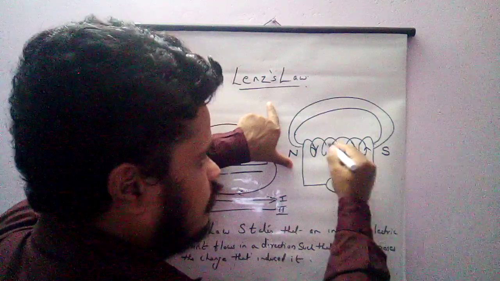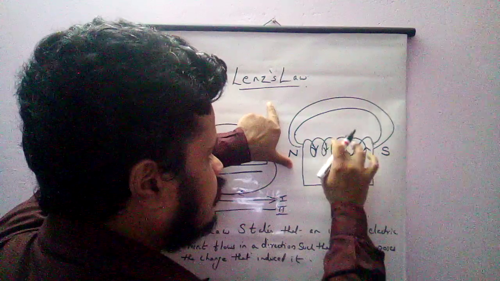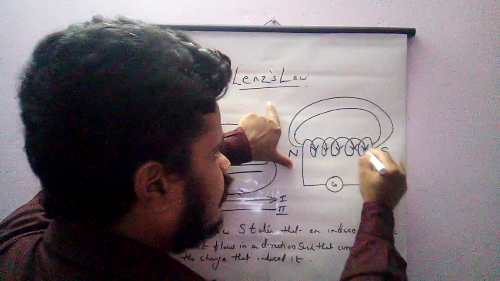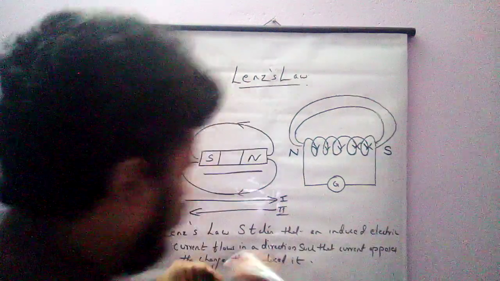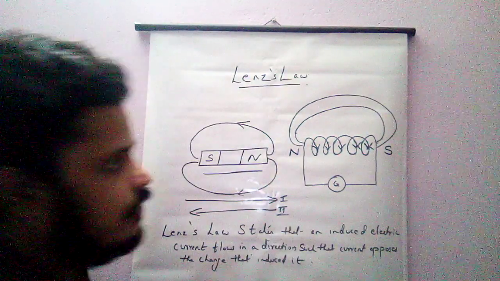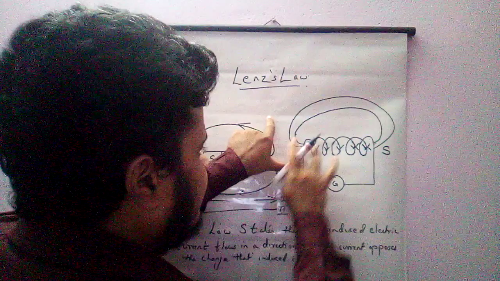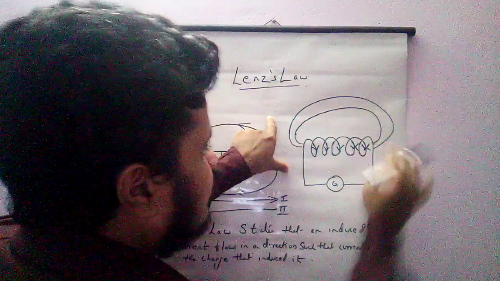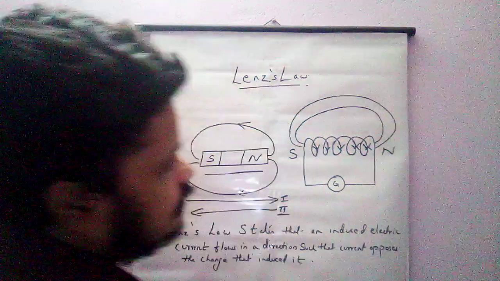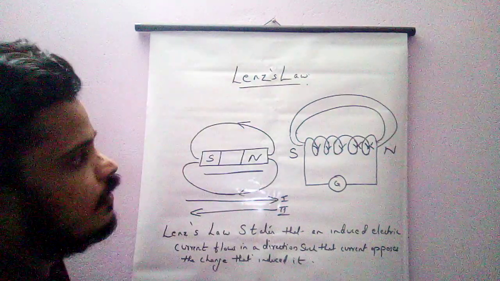Earlier it was towards north, now it has become towards the south. So the magnetic field will be developed across this conductor also, in such a way that it will be south here and north here.